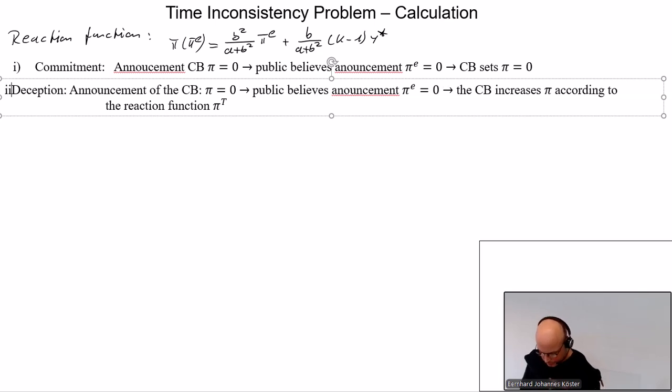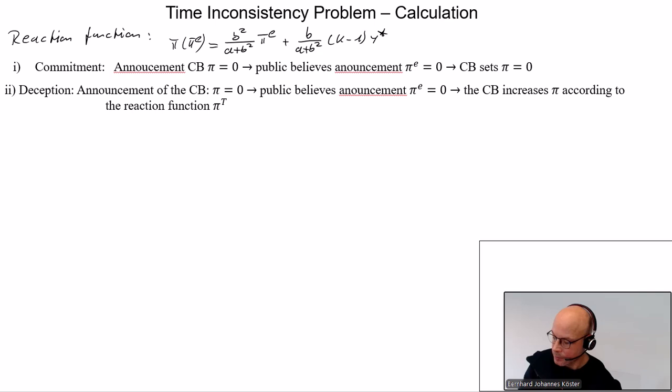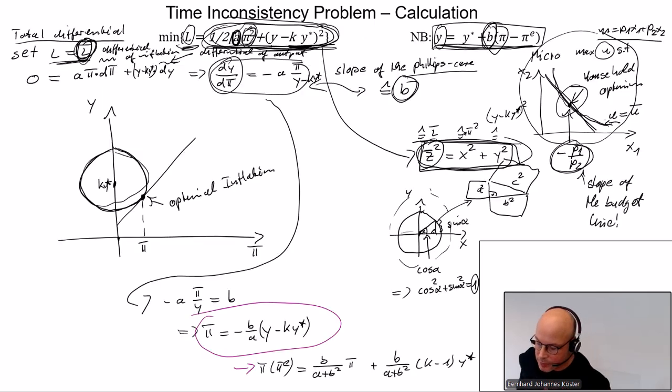So, first of all, commitment means I have the announcement that pi is, what else do I need? The Phillips curve I also need, sorry.